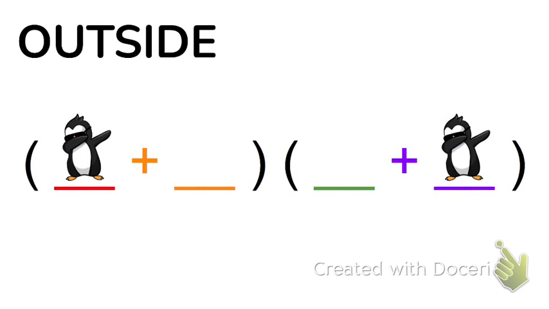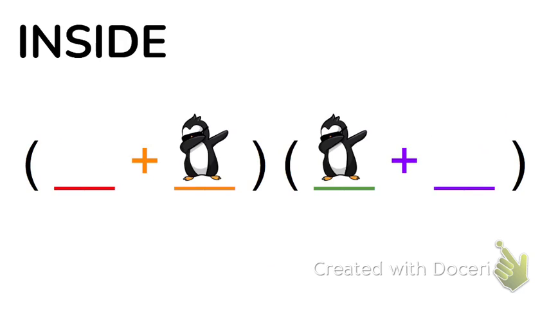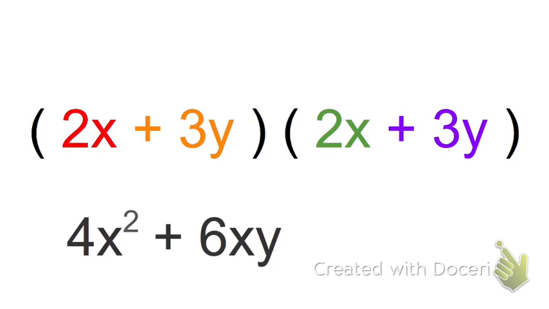Then we multiply the outside ones. So 2x times 3y. Just put your little multiplication dots in between all of those. You multiply the numbers first. 2 times 3 is 6. And then you multiply the variables.